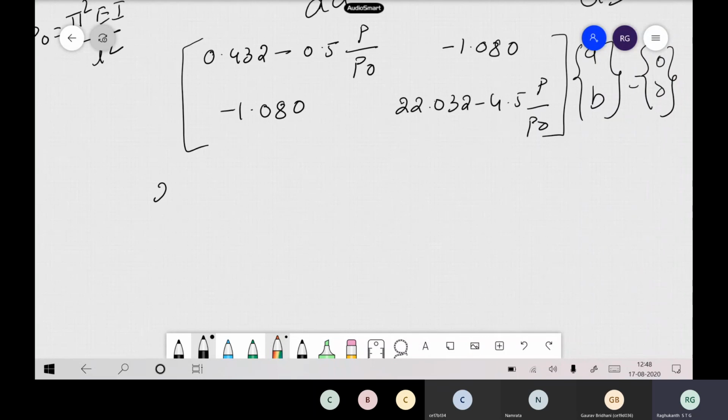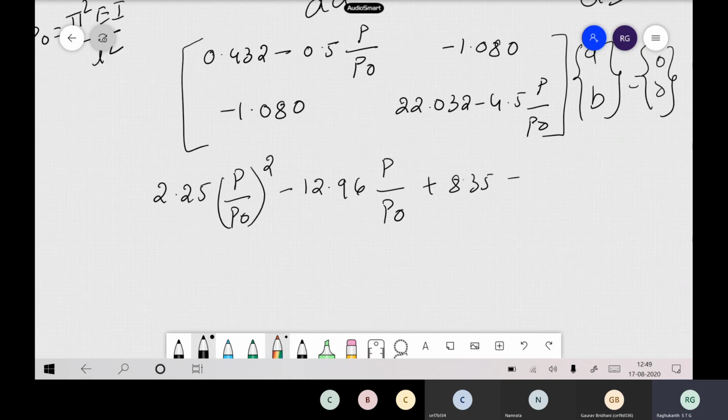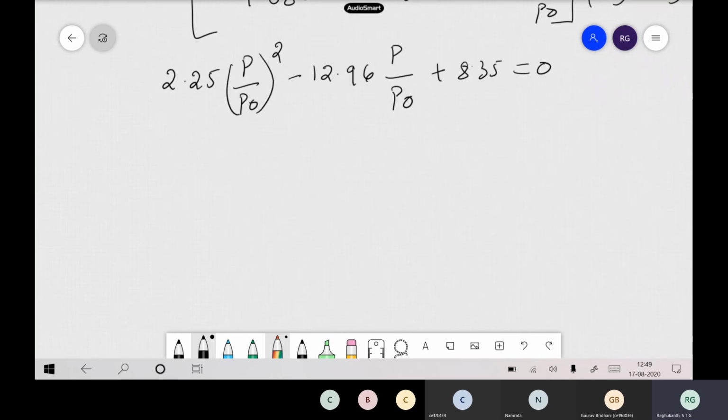Now the determinant of the matrix will be 2.25 (P by P naught) whole square, just non-dimensionalizing, minus 12.96 P by P naught plus 8.35 equal to 0. Finally you solve this quadratic equation and you get P by P naught. The lowest root is 0.735, the smaller root.